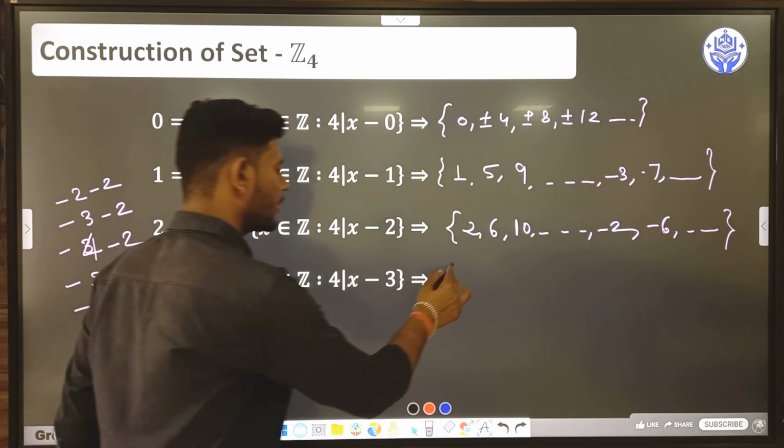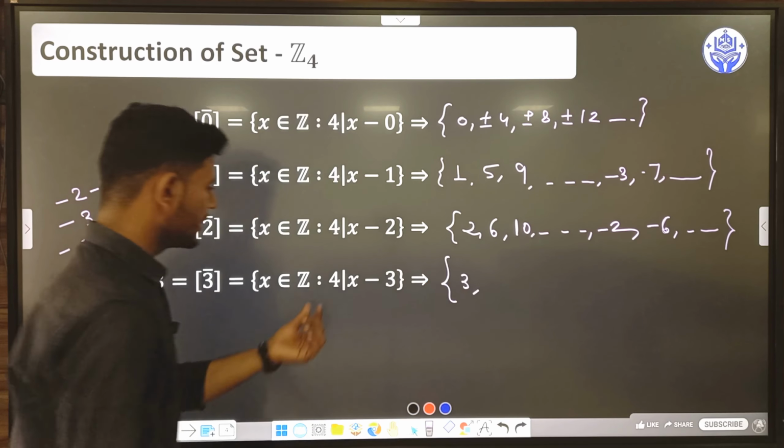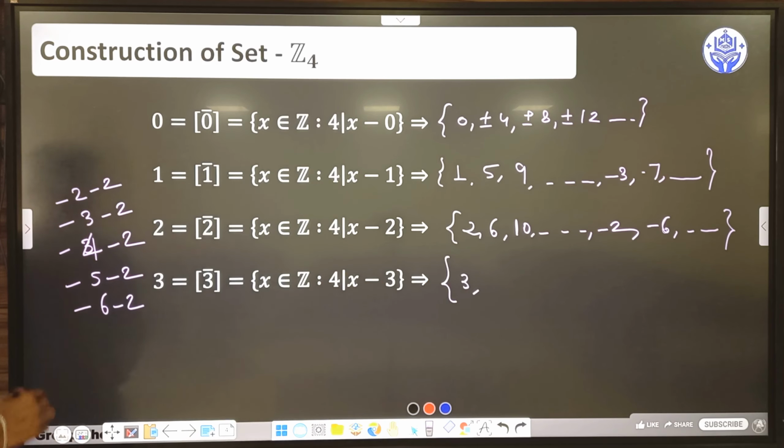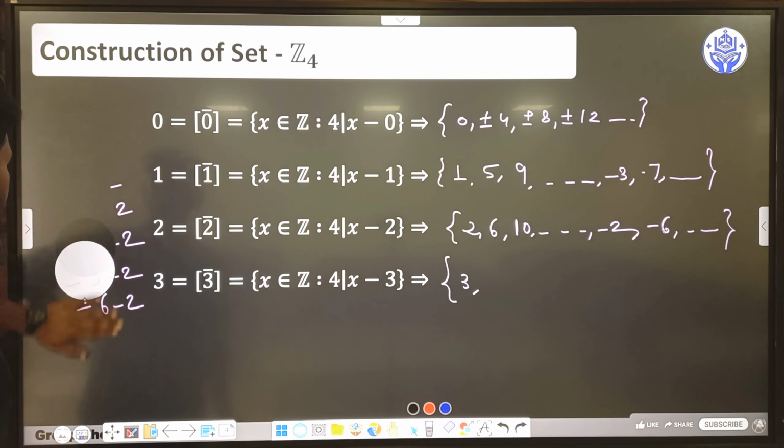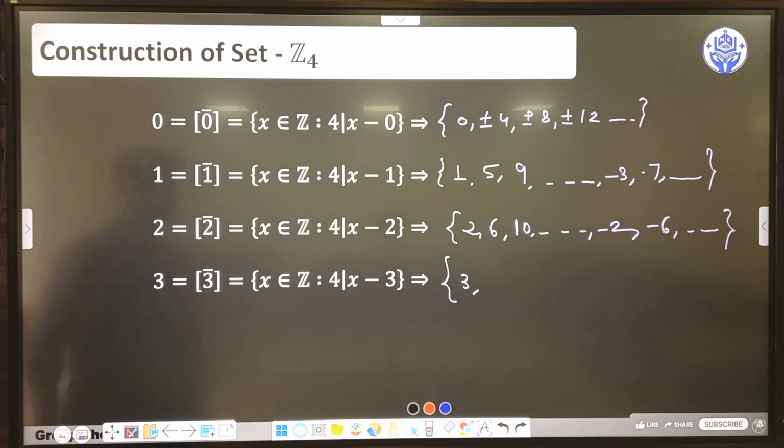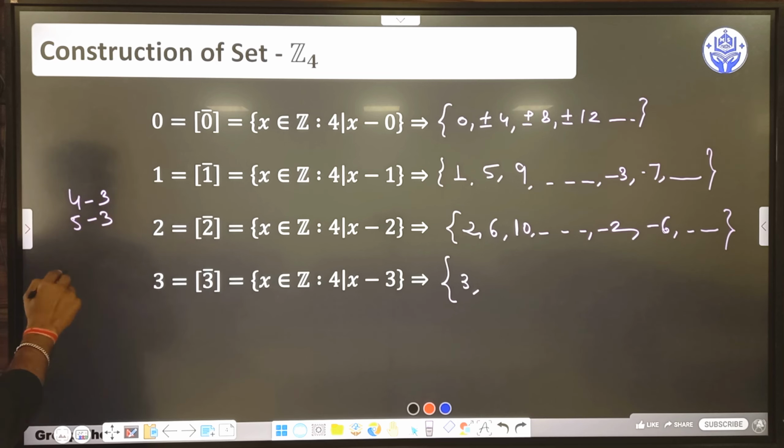And from here you can write just like 3, and after that x minus 3, which will be divided by 4. Then it will be 1 minus 3, it can't. Okay, from 3, next from 3, 3 minus 3, x equals 4 will not divide. x equals 5, which will be 2. 6 minus 3, which will be 3.